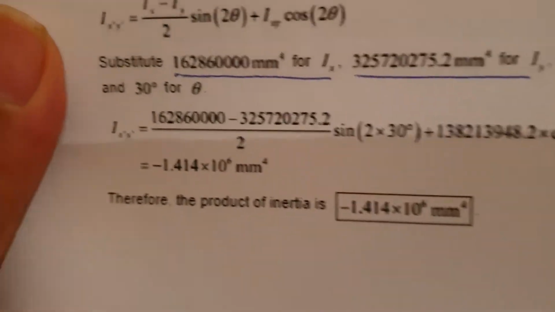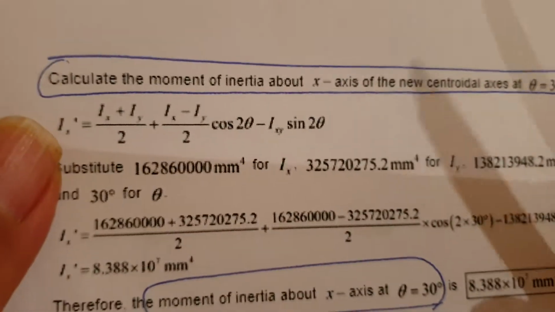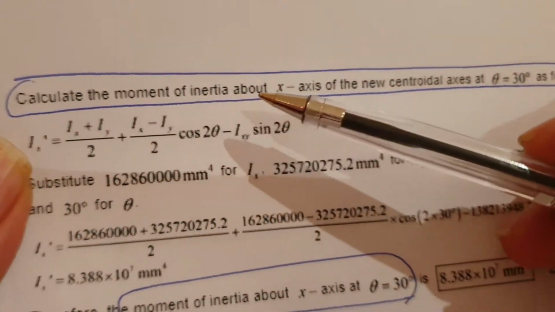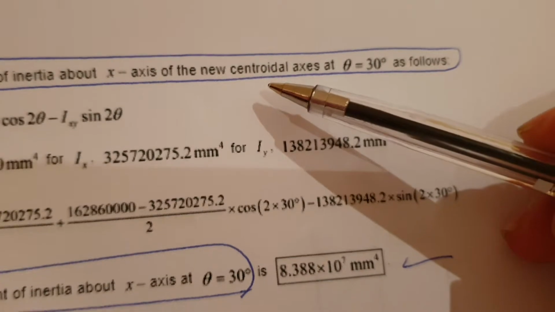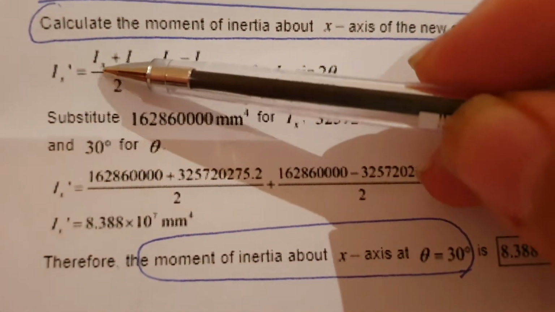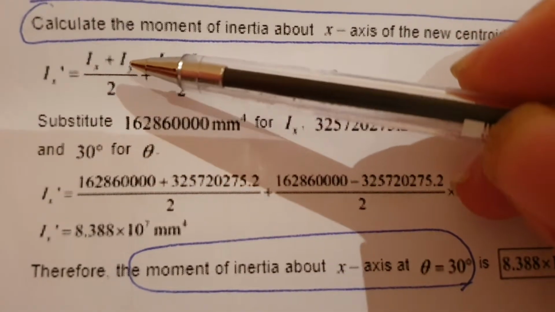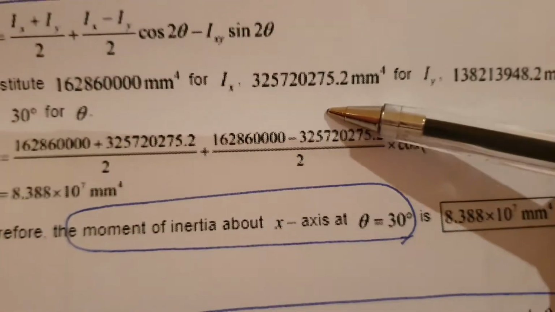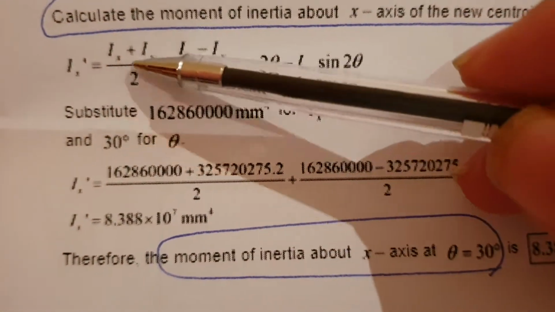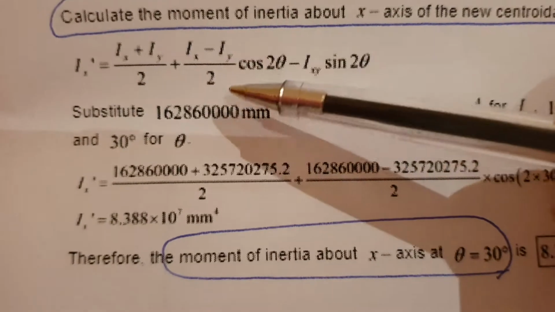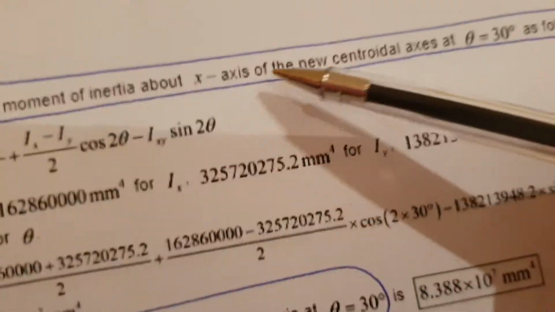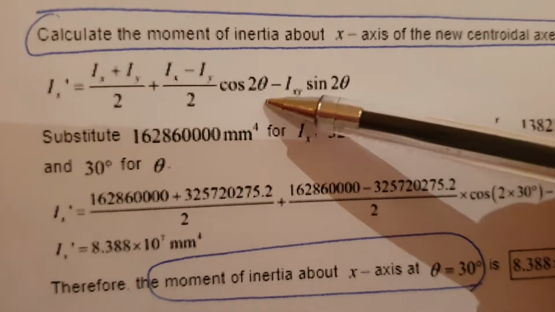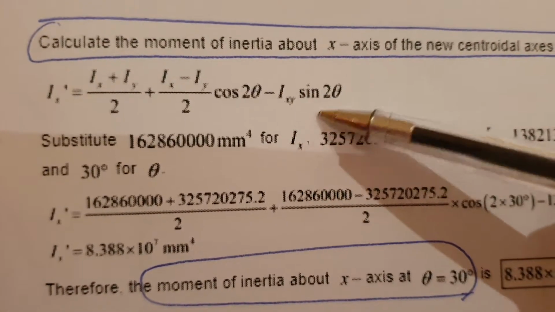And then, since we need to do it with respect to an angle, you need to calculate the moment of inertia about the x-axis of the new centroidal area at theta equal to 30. Well, there's an equation. We know Ix, the moment of inertia around x, and Iy. So Ix dash equals (Ix plus Iy) over 2 plus (Ix minus Iy) over 2 times cosine 2 theta, where theta is 30 degrees, minus Ixy sine 2 theta.